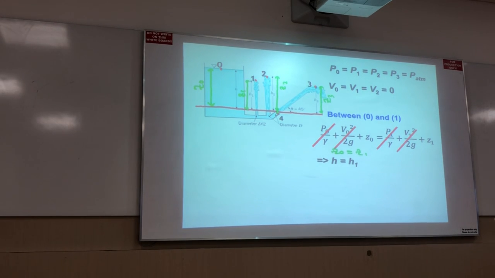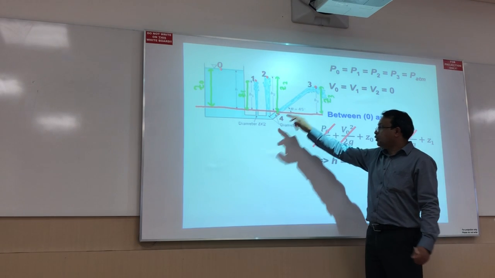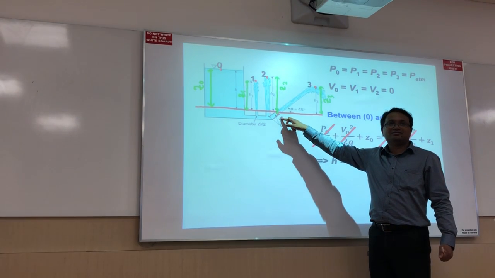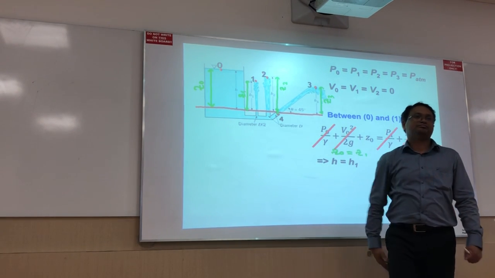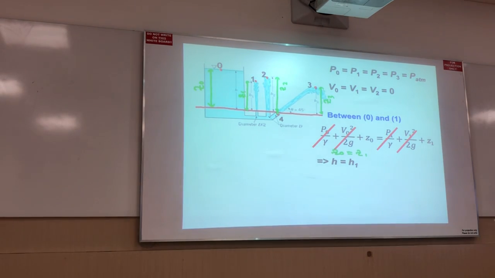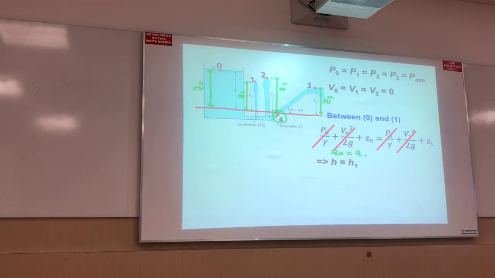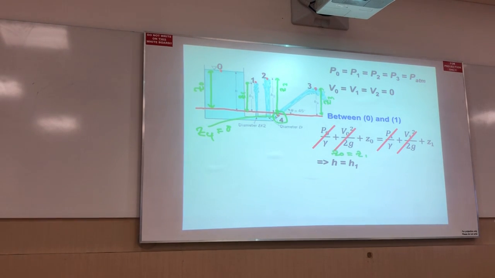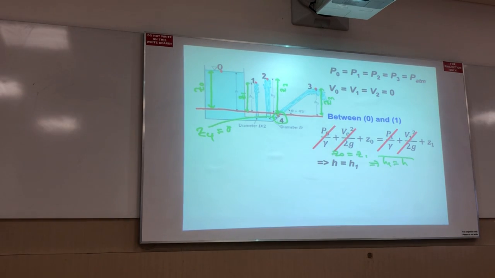Because these are reference, I can measure everything from here. What is Z4? So I can write Z4. That's why I can write H becomes H1 or H1 is equivalent to H. This is the answer.